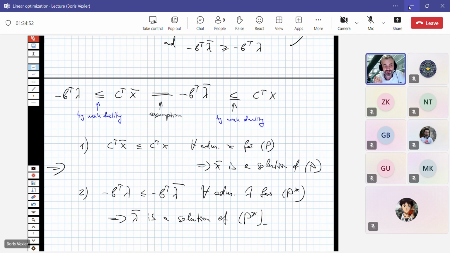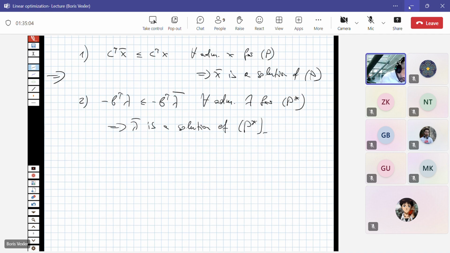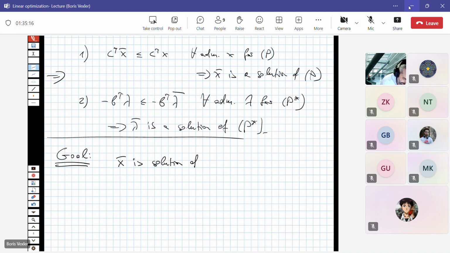We would like to prove that if we have a solution of the original problem and a solution of the dual problem, then there is no gap, then equality holds. Therefore, the next goal is to prove: if X bar is a solution of P.